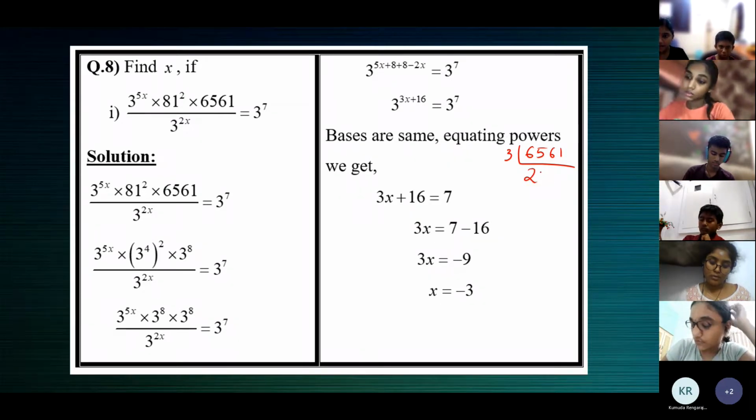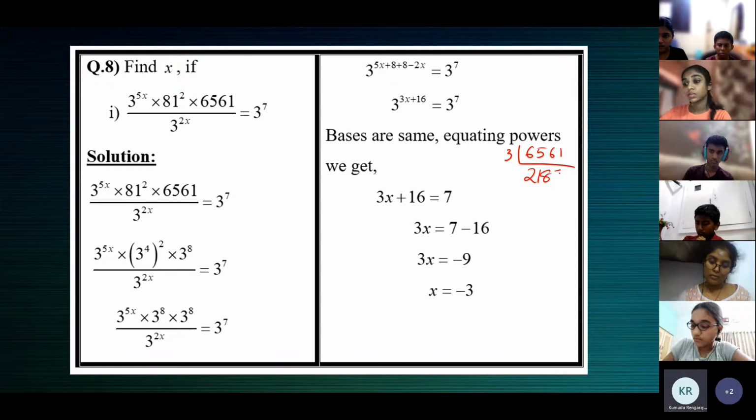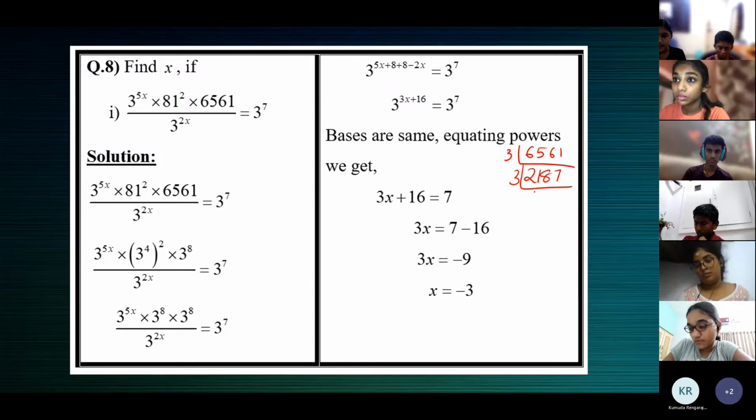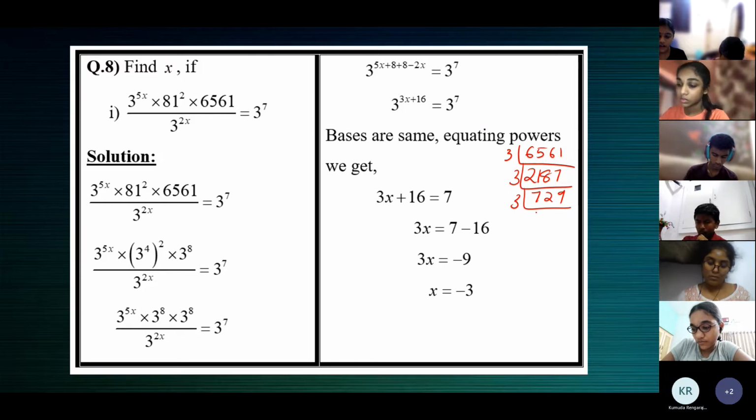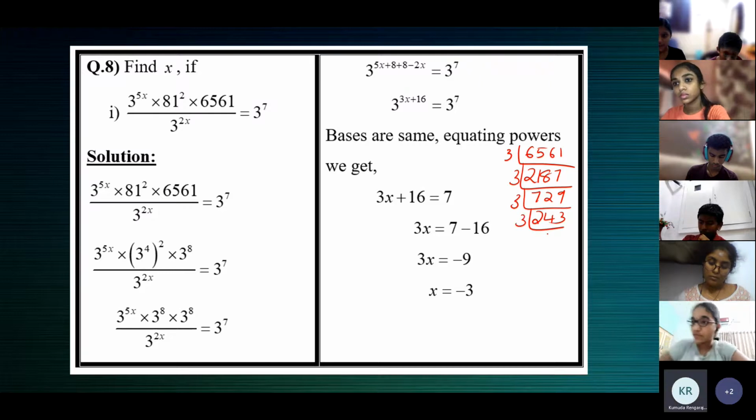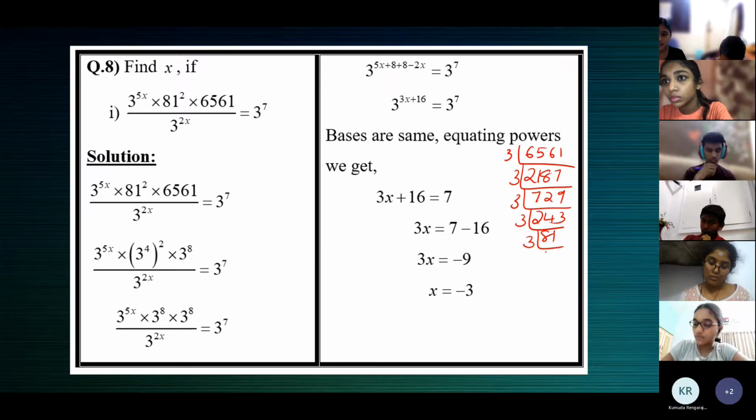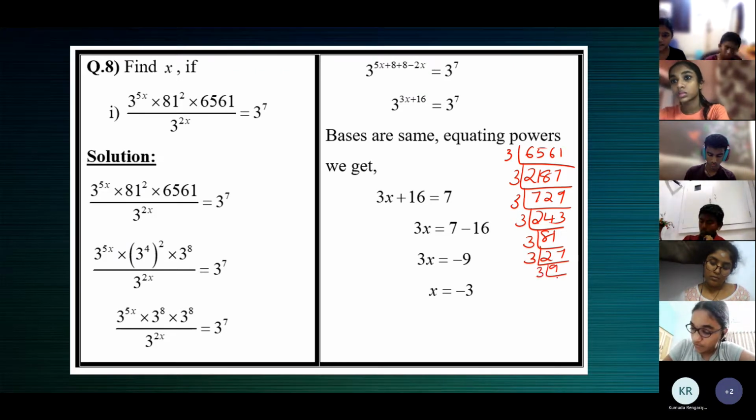Then again 3. 729 ma'am. Then 3. 243 ma'am. 3. 81 ma'am. 3. 27 ma'am. 3. 9. 3. 3. And 3 1 ma'am.